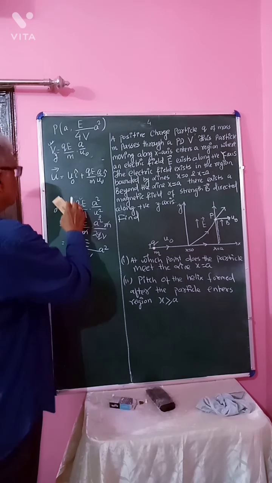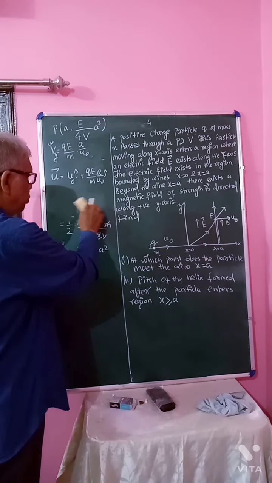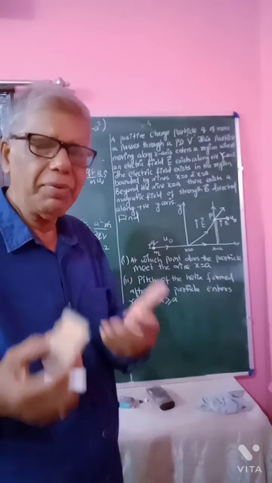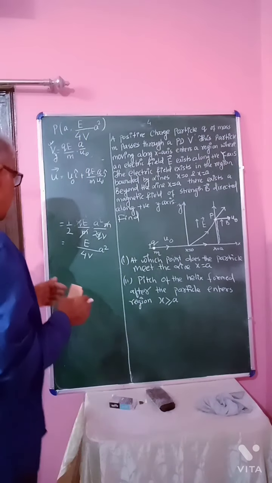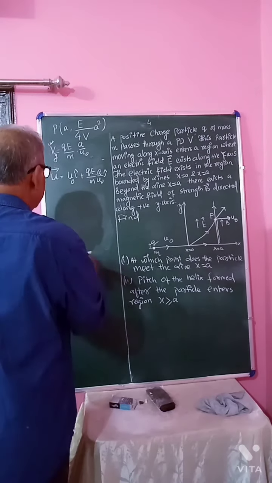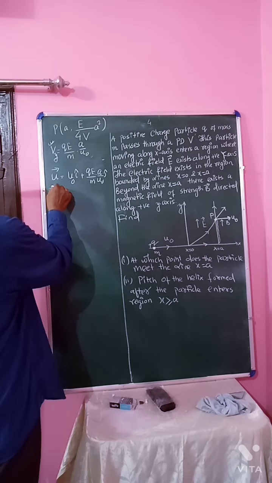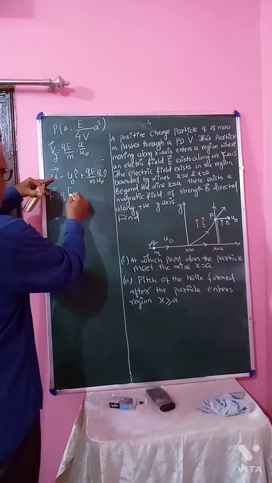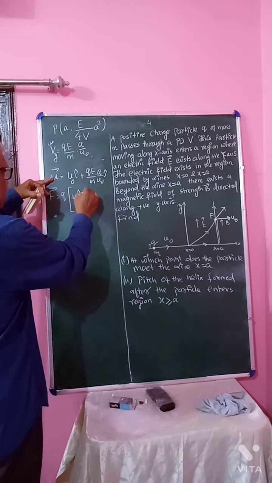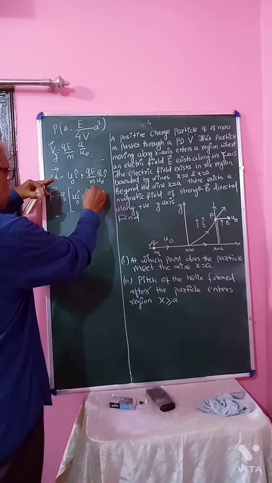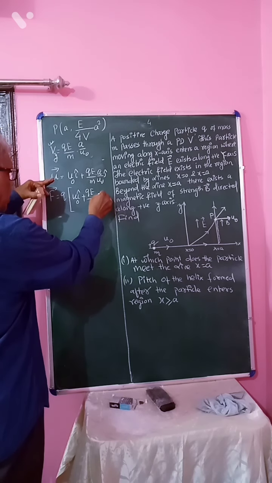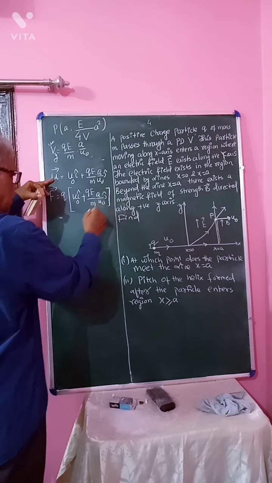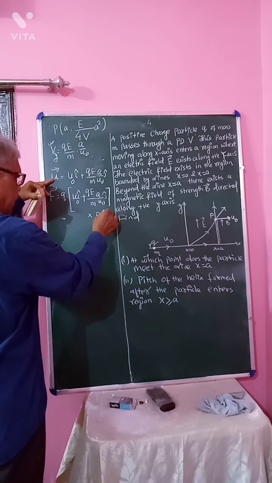As a result, when the particle enters the magnetic field, the magnetic field exerts a force on the charged particle, and the force is given by F equal to q v cross B. Instead of v, I write the x component of motion u0 i cap plus the y component qEa by m u0 j cap, cross B j cap.